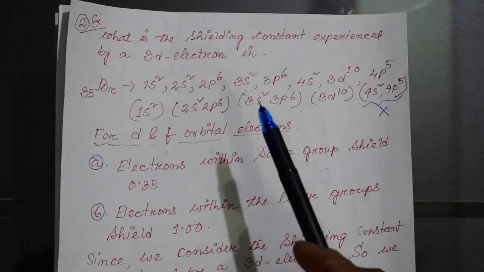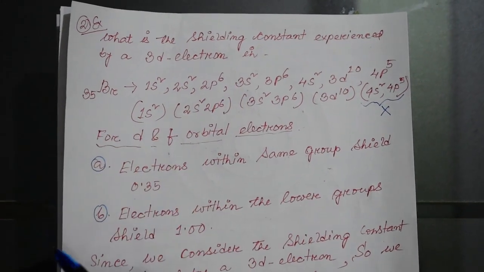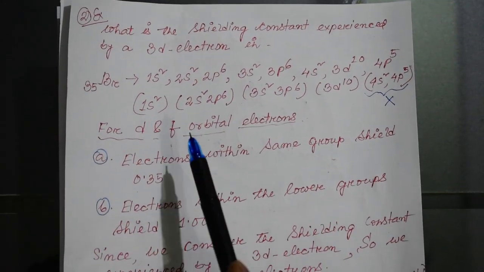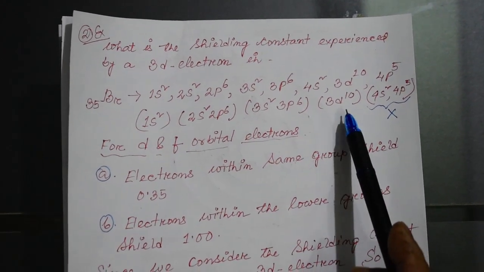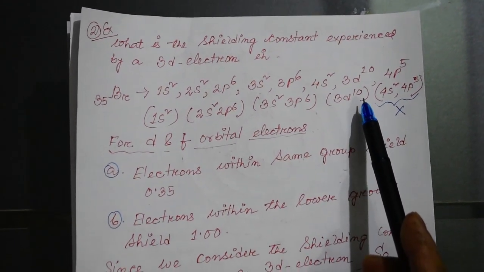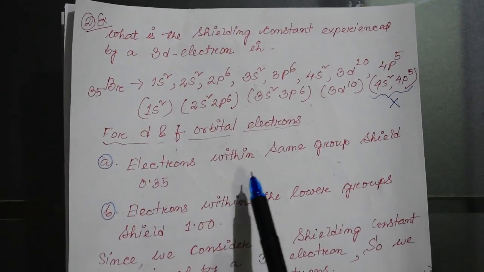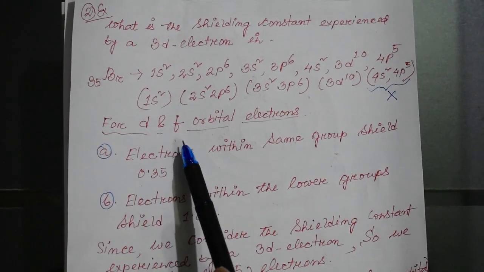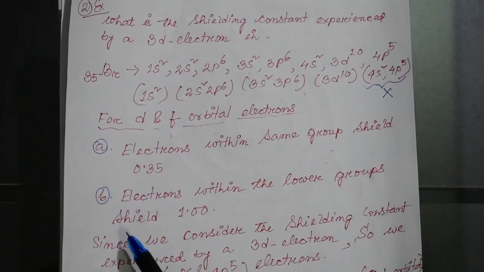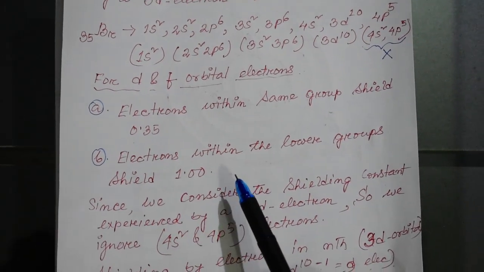To show the screening constant experienced by a 3d electron, we can consider the bromine atom. Here, from the electronic configuration, we see that the 3d orbital has 10 electrons. From Slater's rule, we know that electrons within the same group shield 0.35 for the d and f orbital electrons, and electrons within the lower group shield 1.00.